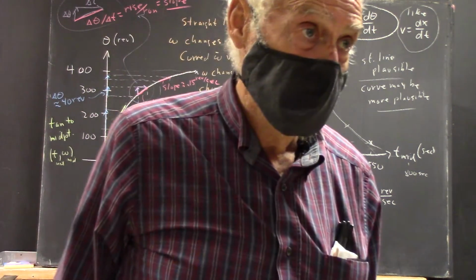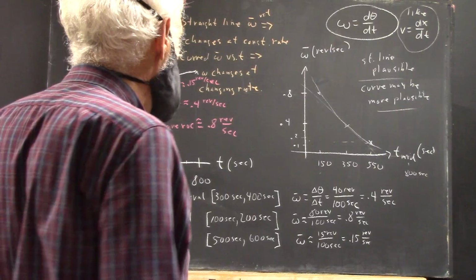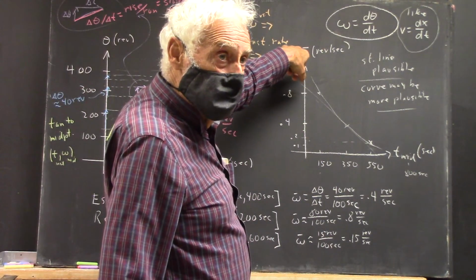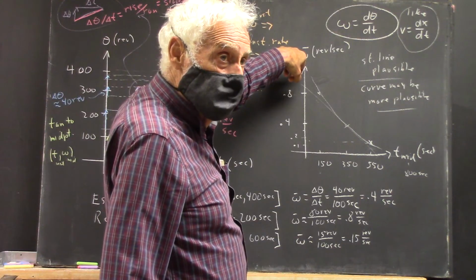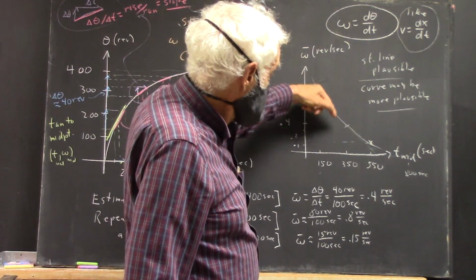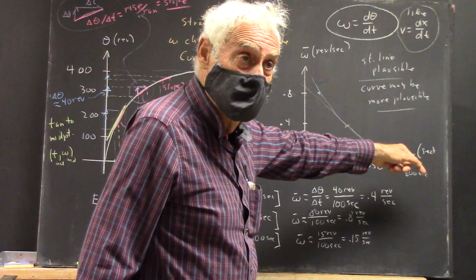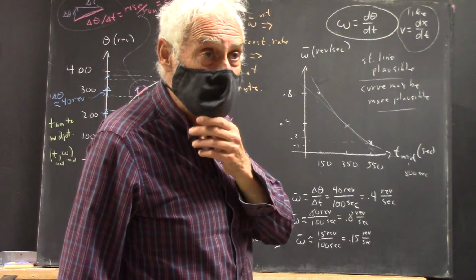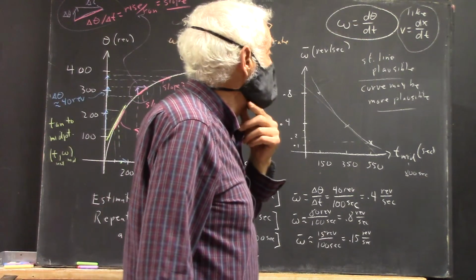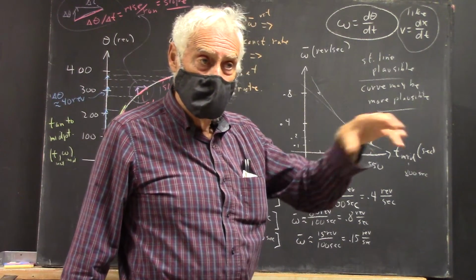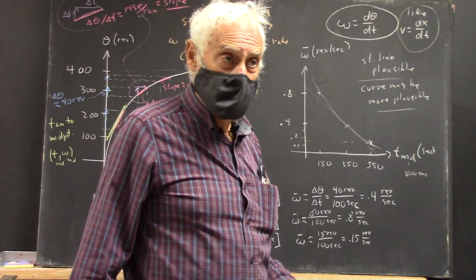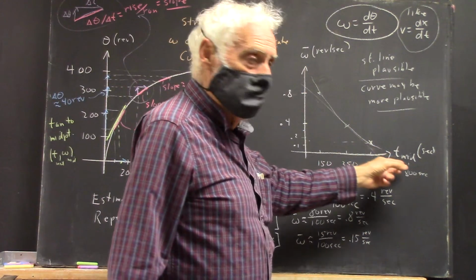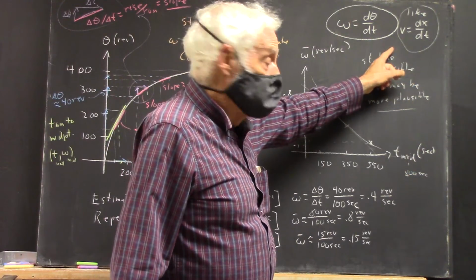And then when you calculate your rates of change of omega, you're really calculating tangents to this curve, or estimating tangents to the curve. Those estimates get kind of messy because of the discrete data that you have. So you want to smooth everything out on the curve and then see what the slopes of the curve tell you about omega.